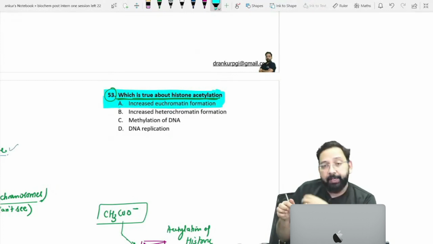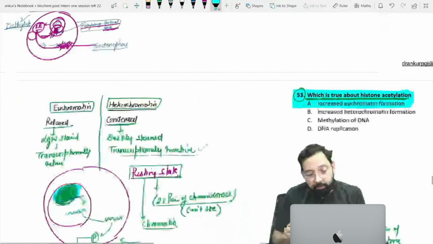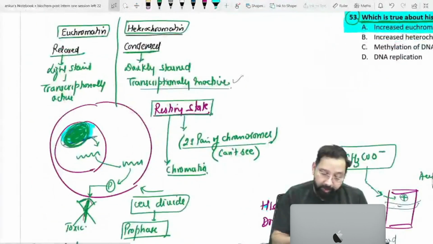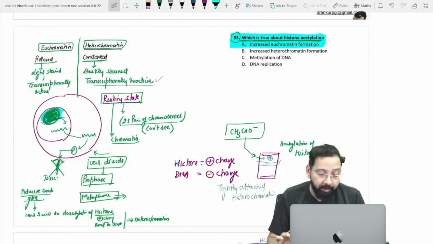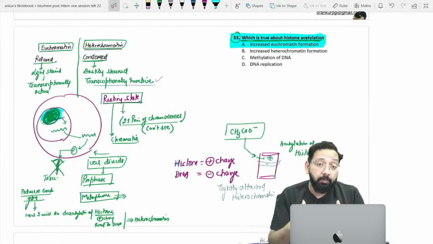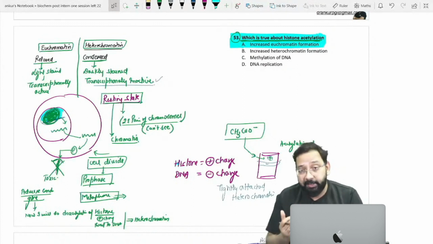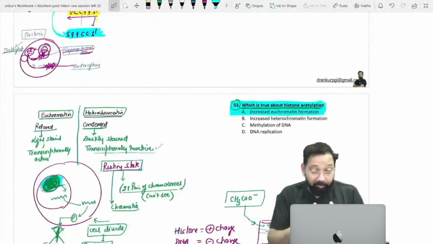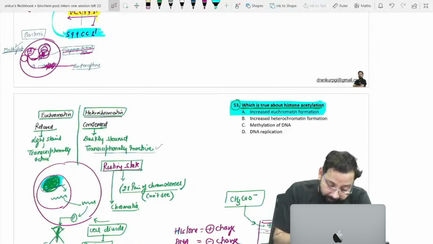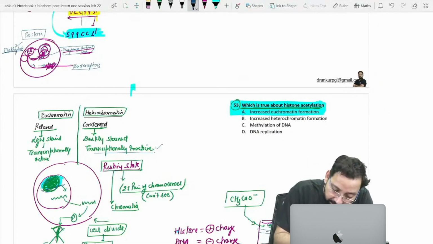So we can convert euchromatin to heterochromatin and back according to our requirement of gene. We are modifying the expression of genes by acetylation and deacetylation. We are not doing mutation, we are doing something above the genetics. That is why this phenomenon is called epigenetics.